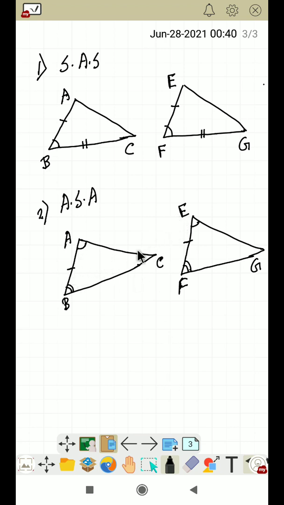That means one side is between two equal angles. And what is the congruency sign? ABC congruent to EFG. The congruency sign is this.